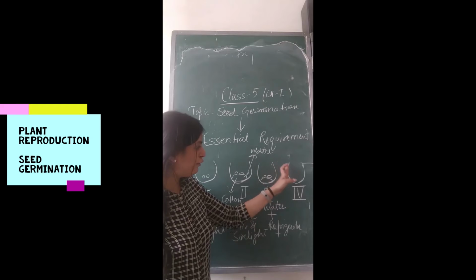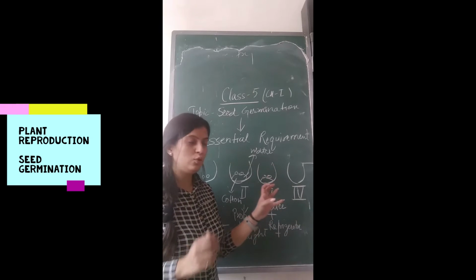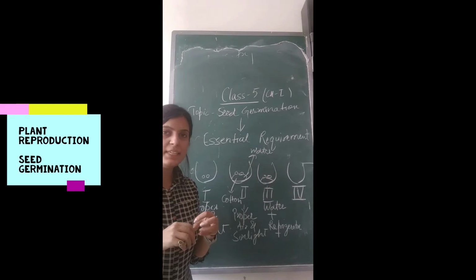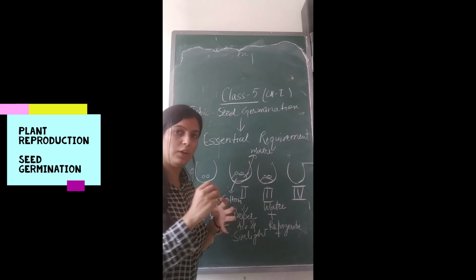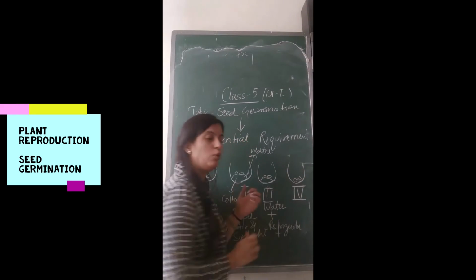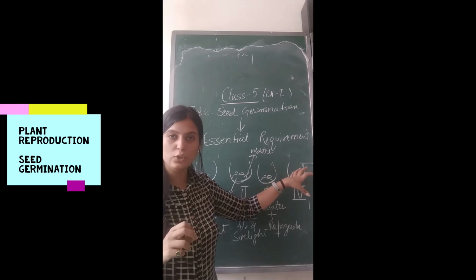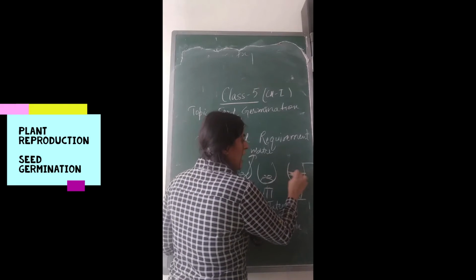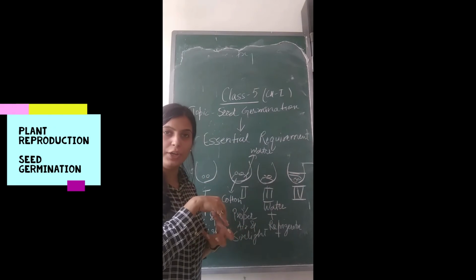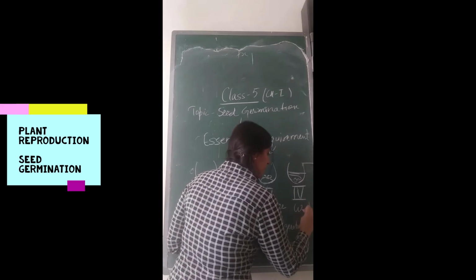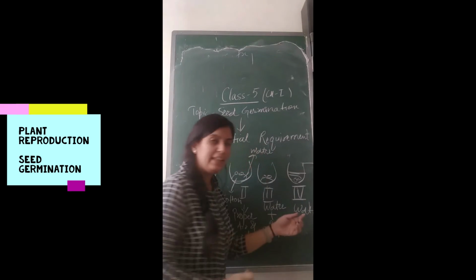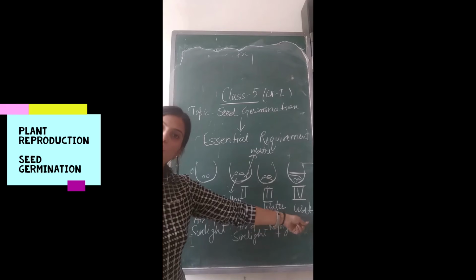For the fourth bowl, place the seeds into the bowl and pour some water onto it. And then place it into sunlight.